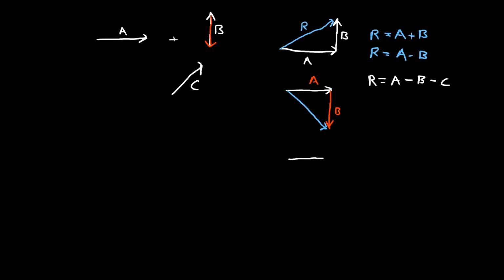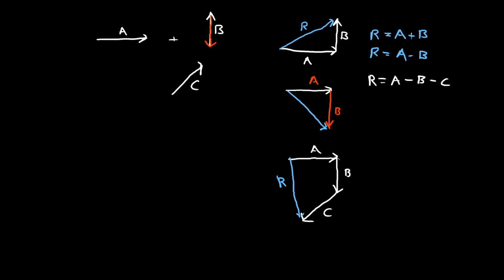So A we keep normal, B goes down instead of up, and C, instead of going up to the right, we go down to the left in that direction. And the resulting vector would be this. That would be the resulting vector.